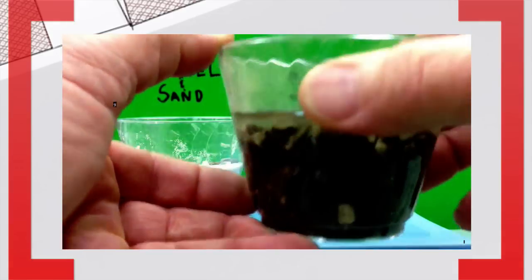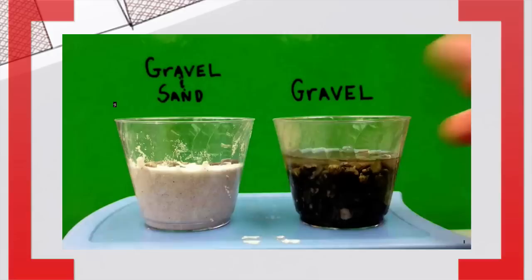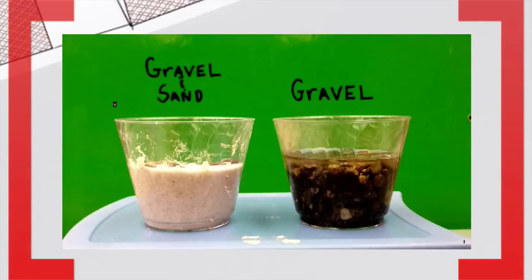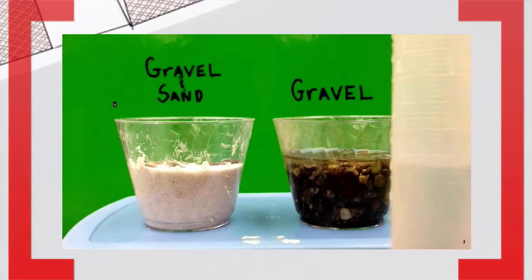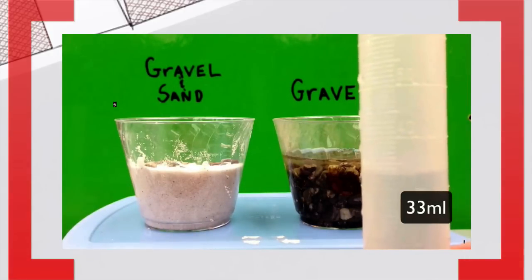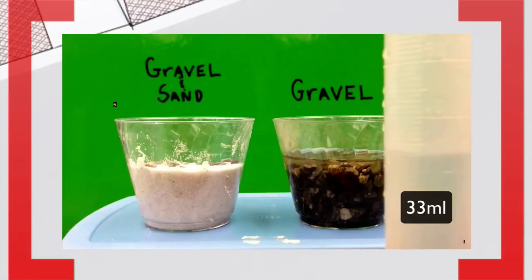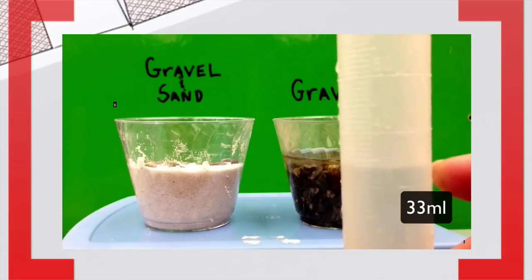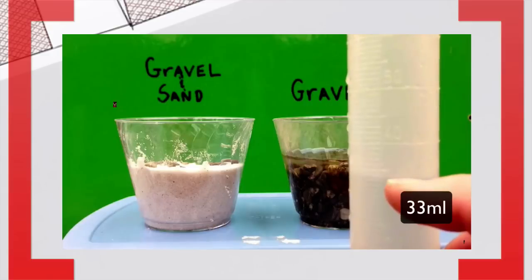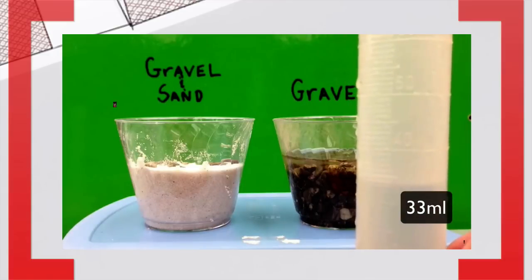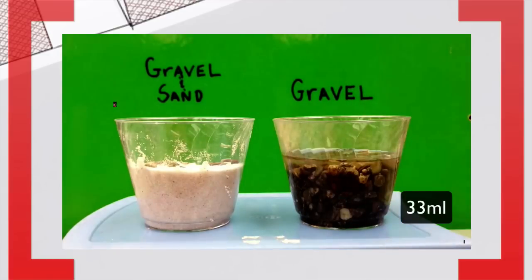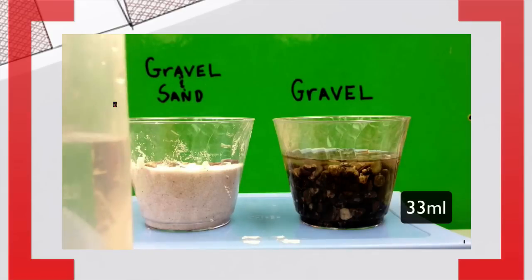Make sure all the voids are filled up, so all the pore space in that cup is taken care of. Also, if you look at the graduated cylinder, you can see there are basically 33 mLs of water still left in it. We'll do the calculations later.